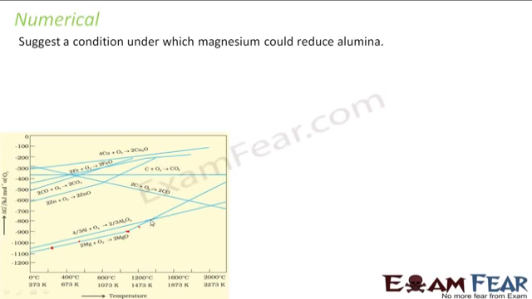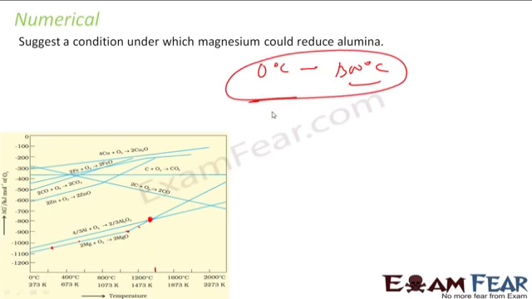So only till this temperature, that means 0 degrees Celsius, to almost this is how much? This is 1300 degrees Celsius, I can say. So in this temperature range, actually magnesium can reduce alumina. Beyond that, magnesium will not be able to reduce alumina.